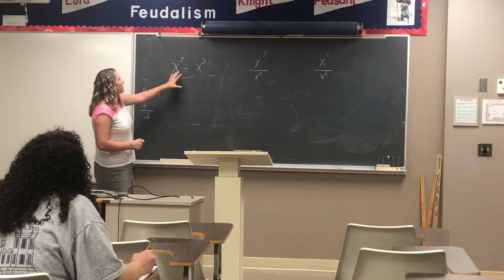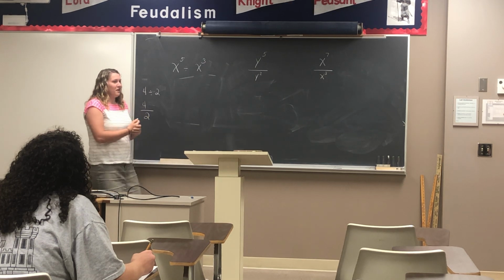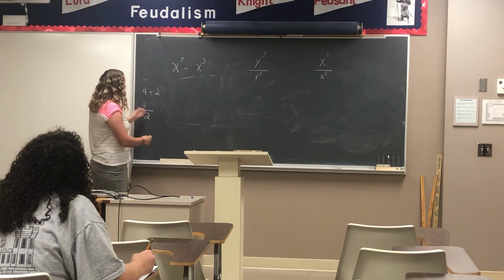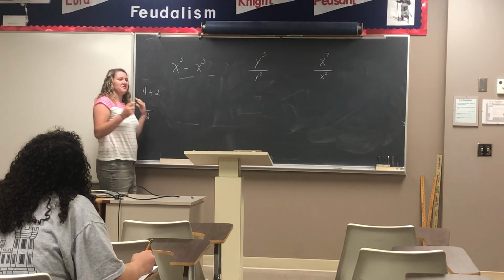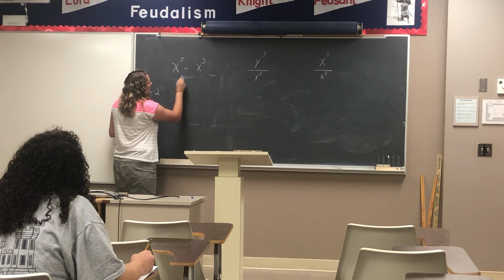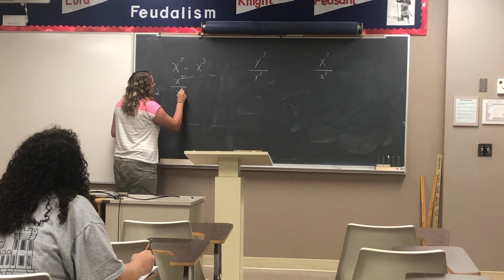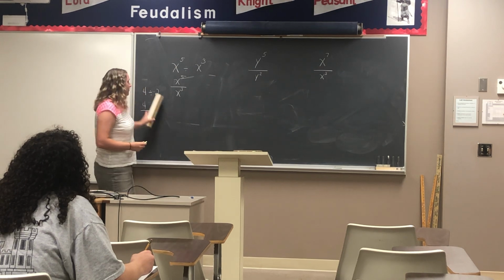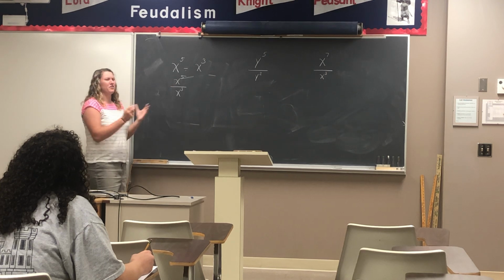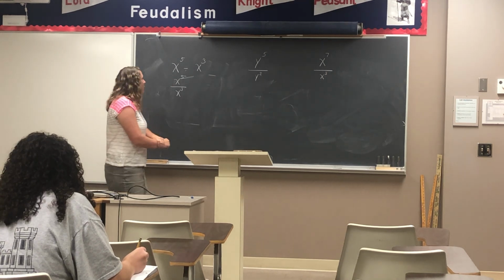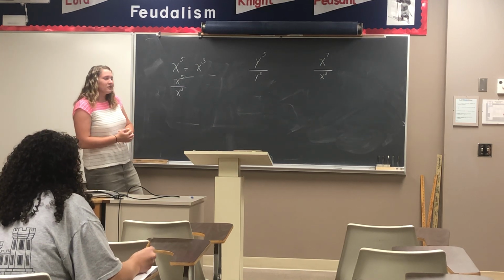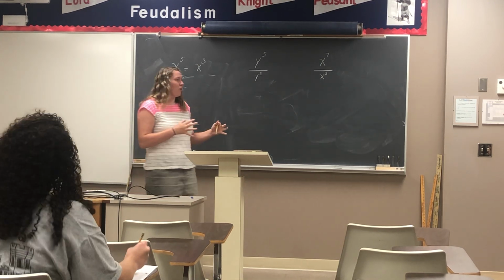So first of all, we're going to write this in our fraction form. I'm going to do it for you. We would do it just like we did here. It's the same thing, except we have letters. So it would be x to the 5th over x cubed. That's something you all have done before, and we can just know that that's what we're going to do anytime we see one that's written out in the long form. But we're going to go ahead and take a closer look at what this is really asking us to do. So we've been talking about exponents, and we know what those mean.